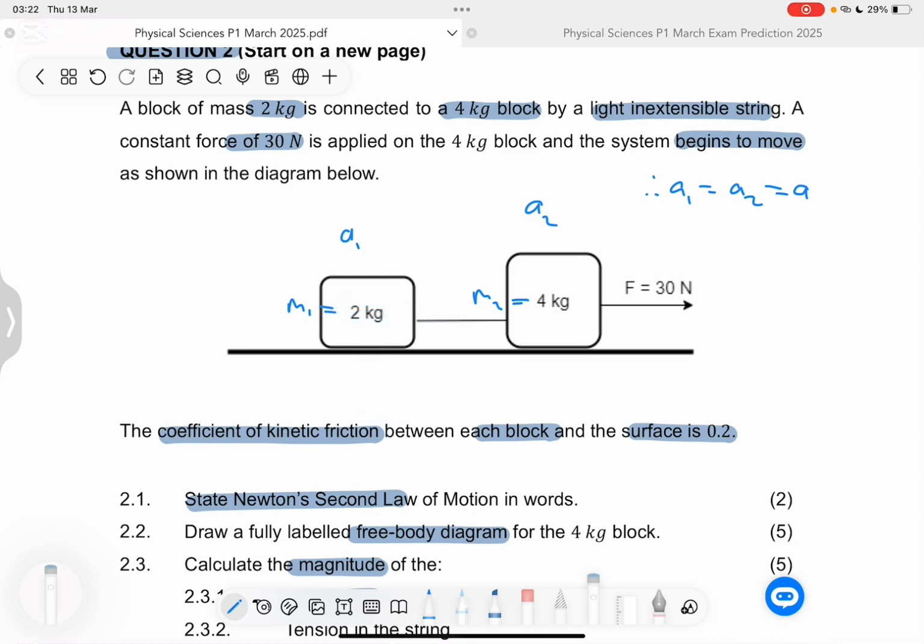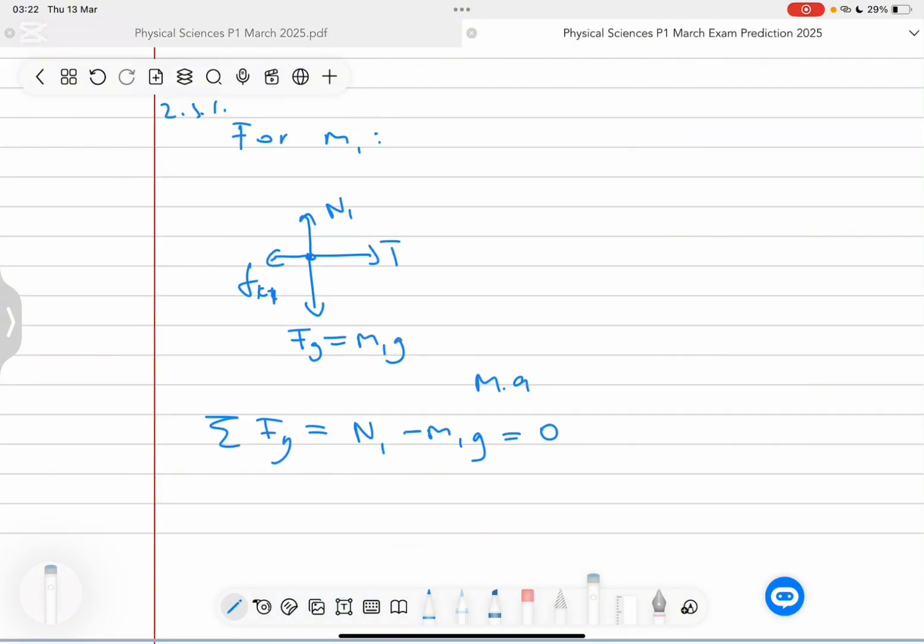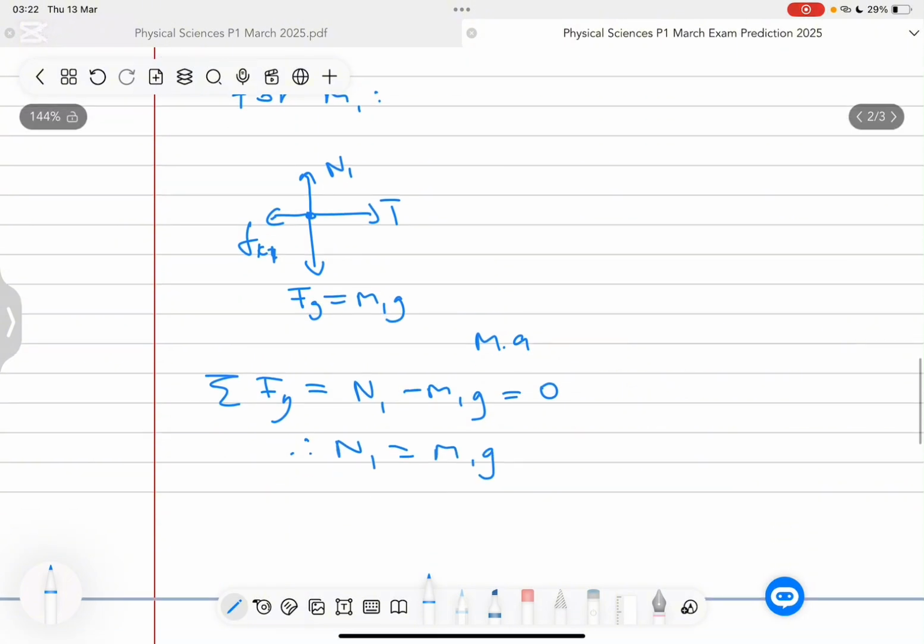So the acceleration in the y is going to be 0, there is no acceleration. That's why when we put 0, we get this 0 here. Now we can clearly see that the normal force will be equal to m1g, because I simply take this to this side since I have a 0 on that side.